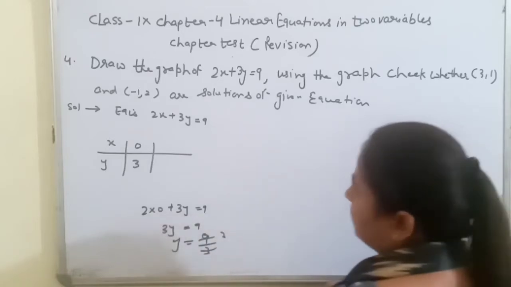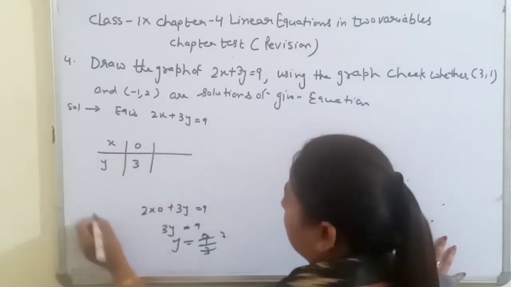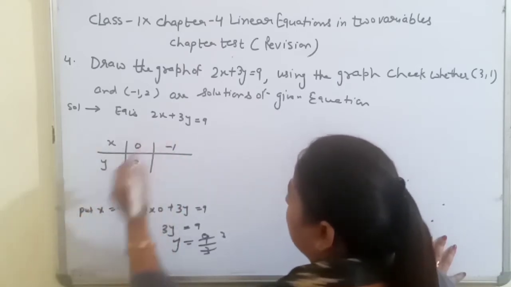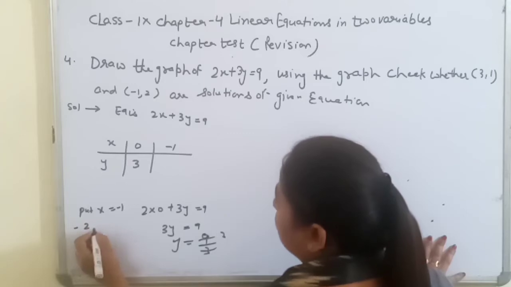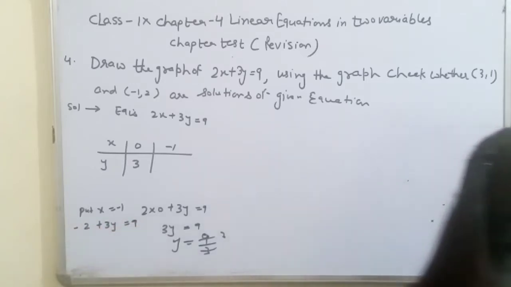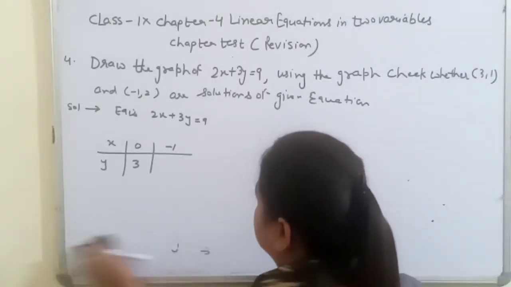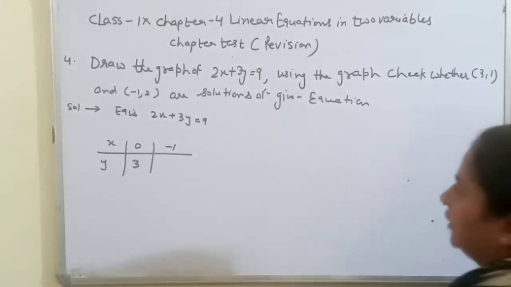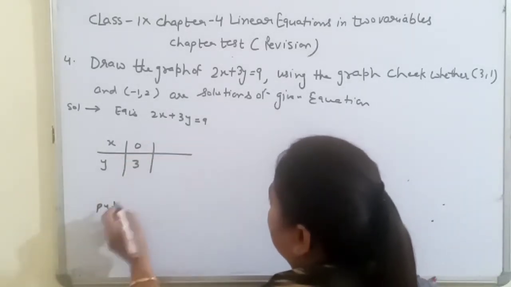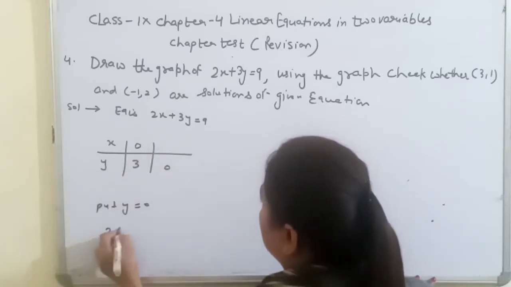So when x is 0, y is 3. Next, put x equal to minus 1, then minus 2 plus 3y equal to 9. Next we can put y equal to 0, then what is the value of x?